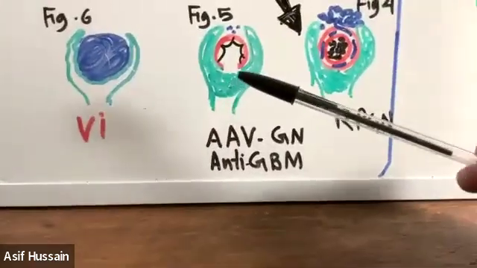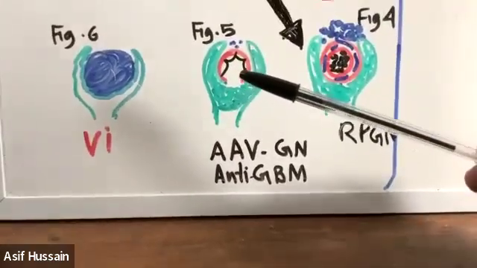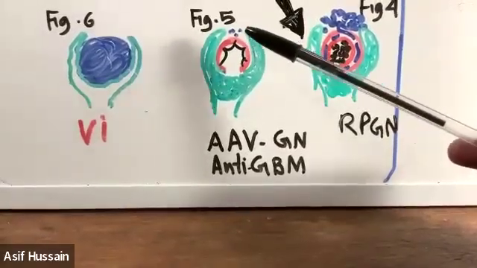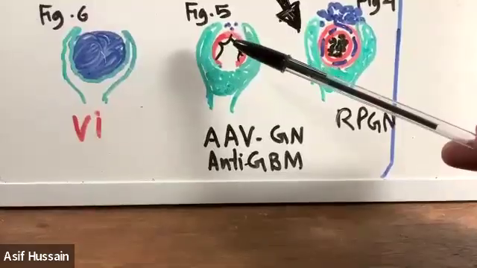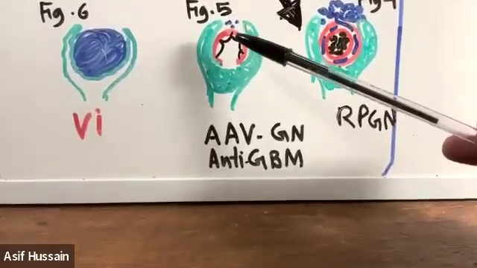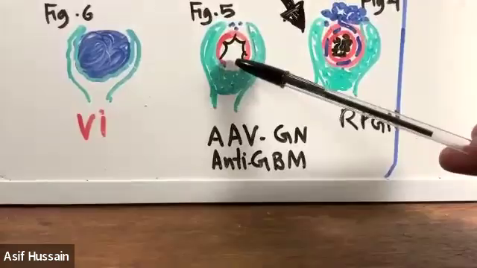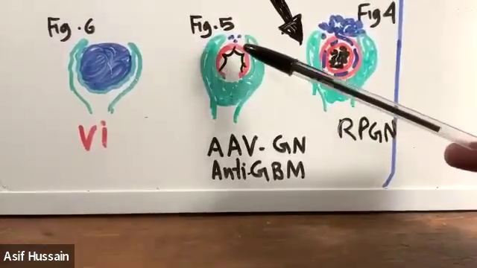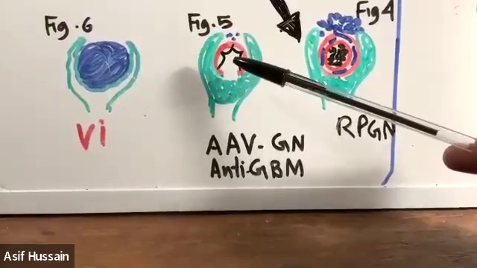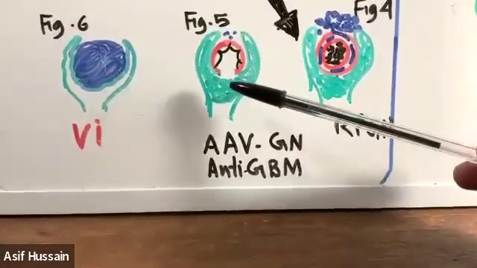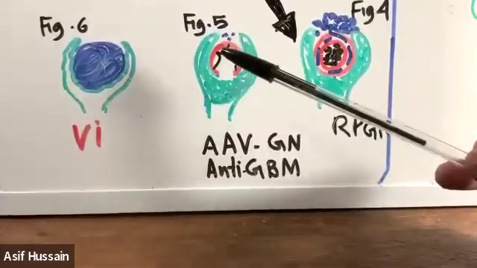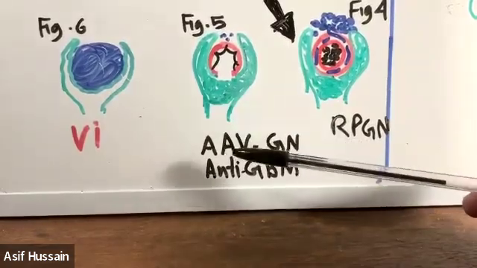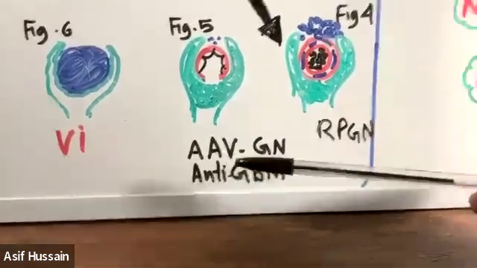Crescent formation because of ANCA vasculitis or anti-GBM syndrome, which is Goodpasture syndrome, will have no mesangial proliferation, no capillary endothelial proliferation, no thickening of the membrane, just a rupture of the capillaries and crescent formation. So absence of mesangial and endothelial proliferation and any widening of the basal membrane in the setting of crescent formation means you are dealing with ANCA vasculitis or anti-GBM.